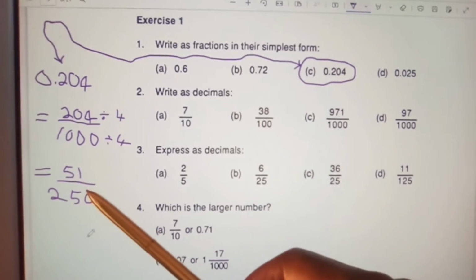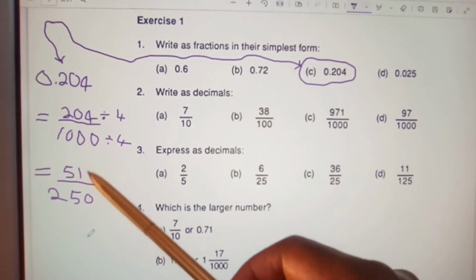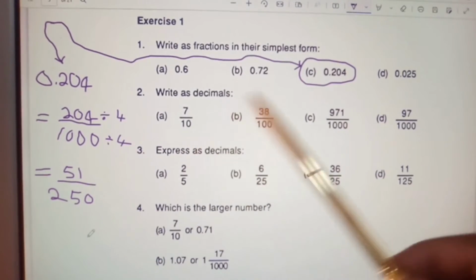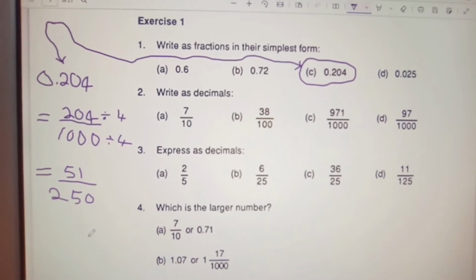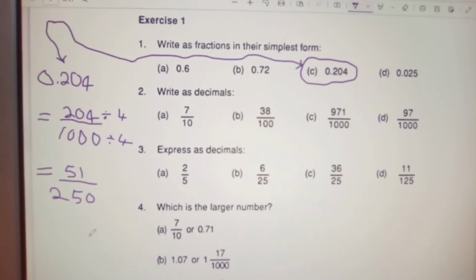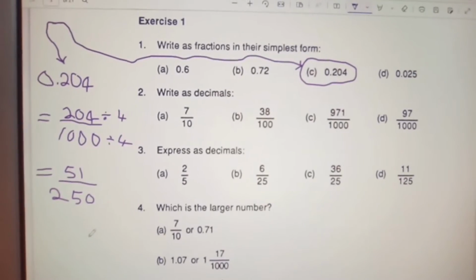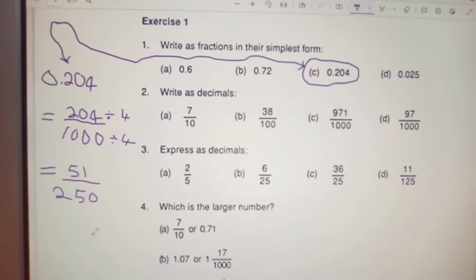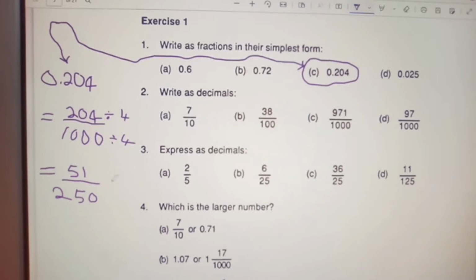Therefore it will tell me that this fraction is equivalent to that decimal. And I know that is correct. So this is our answer here, and I can tick this because I know that is correct.